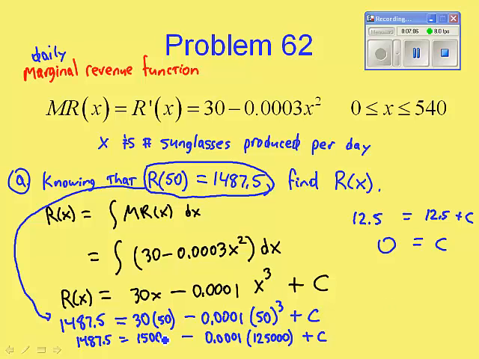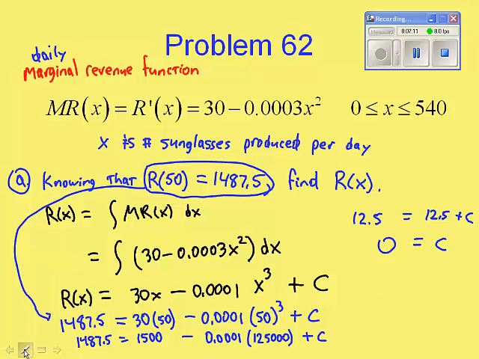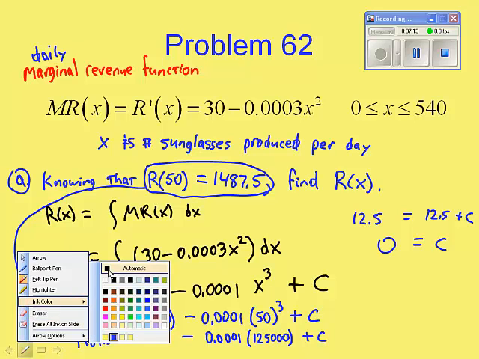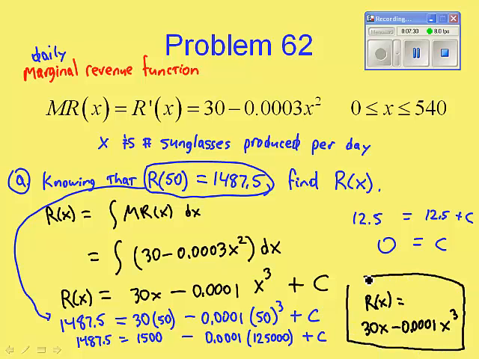Okay. So what's my final answer? My revenue function R of x equals, well, just this piece, 30x minus 0.0001x cubed. So how much are they charging per pair of sunglasses?